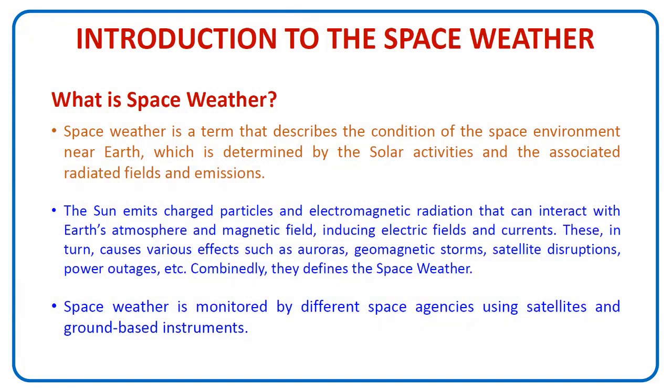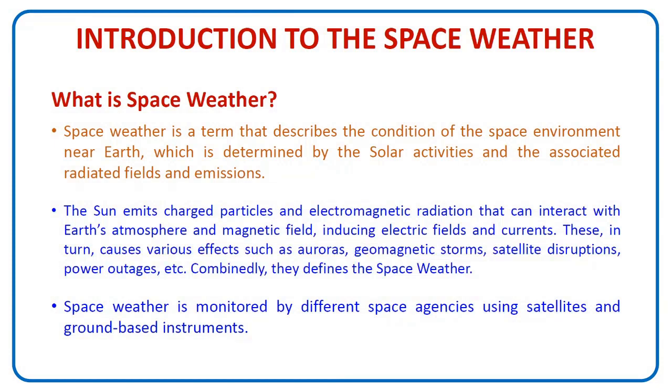Short-term means at your location, the weather in the morning may be sunny, whereas in the afternoon it may become cloudy. So the weather is changing over short terms of time. Similarly, the weather in a place in India, say Kolkata, is very different at the same time from the weather in London. So this is location dependent.